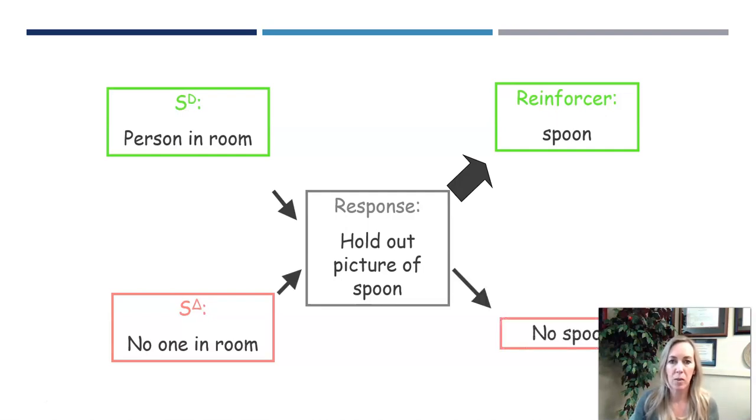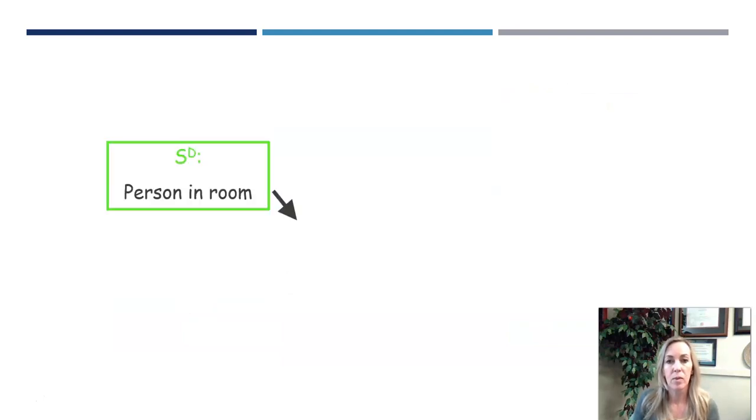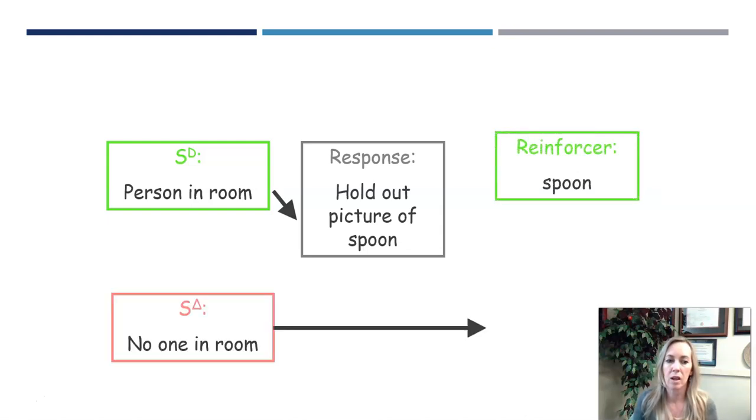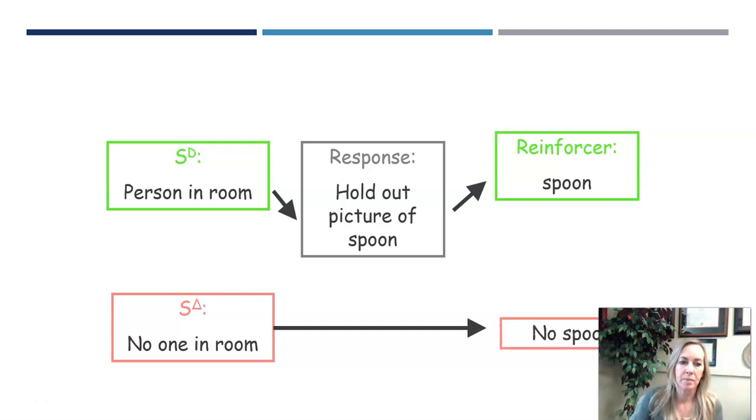That spoon is not available if there's no one in the room to give the spoon to the student. Therefore, with that learned history, when a person's in the room, we learn that's the time to hold up the picture to get the spoon. But when no one's in the room, the reinforcer is just not available, so we don't engage in that behavior.